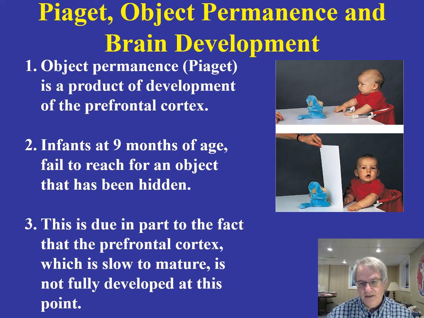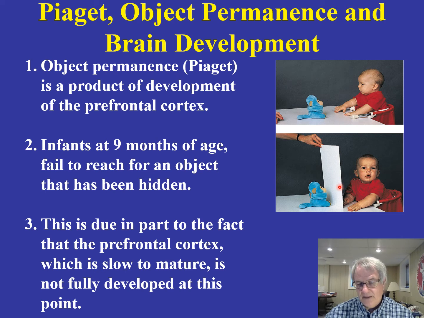That is to say, with a young child, if an object is put in front of them, they reach for it, they enjoy playing with it, but if all of a sudden that preferred object is placed behind, in this case, just a piece of cardboard, it's out of sight, out of mind. So an infant at 9 months of age is not going to reach for that object any longer. It's been hidden. It's out of sight, out of mind.